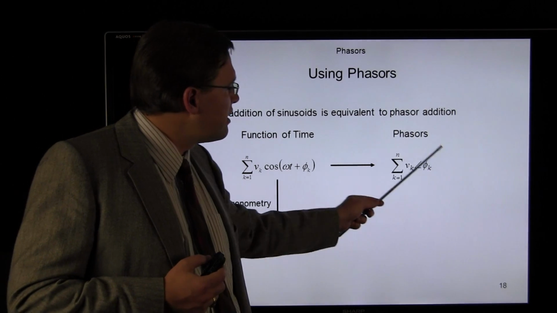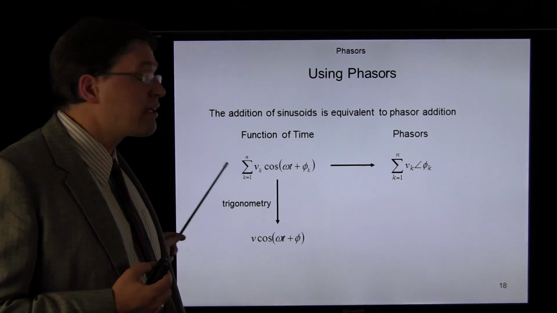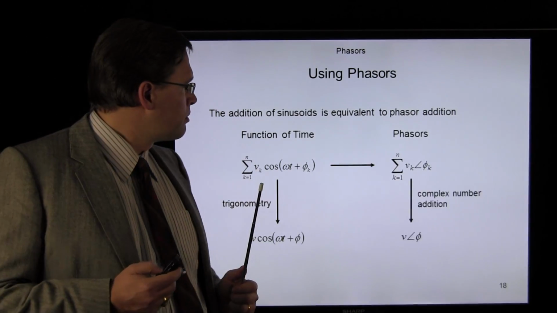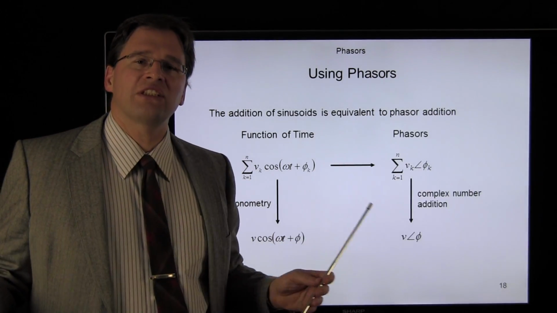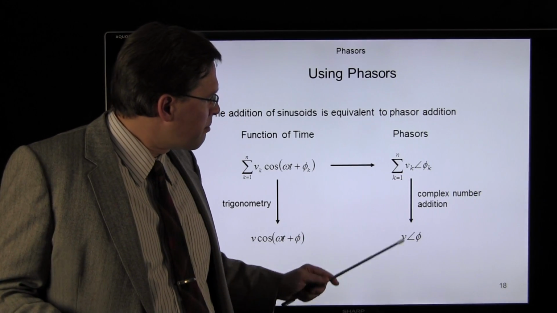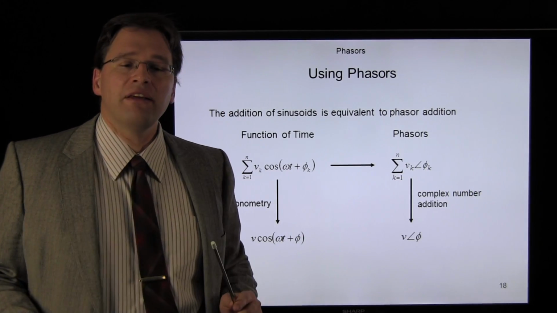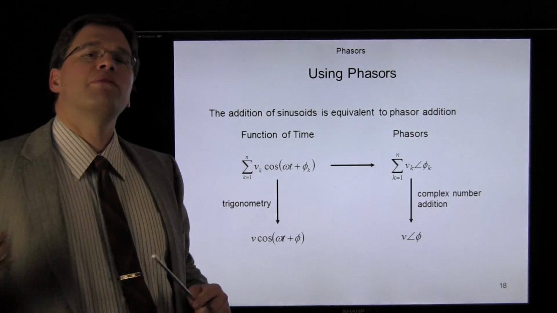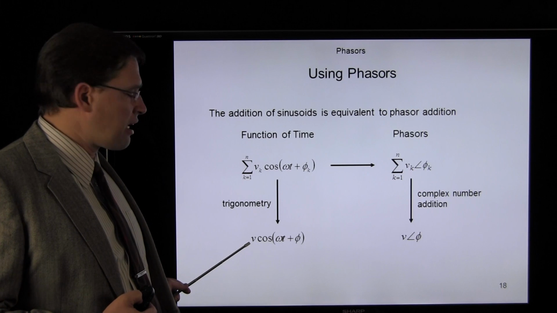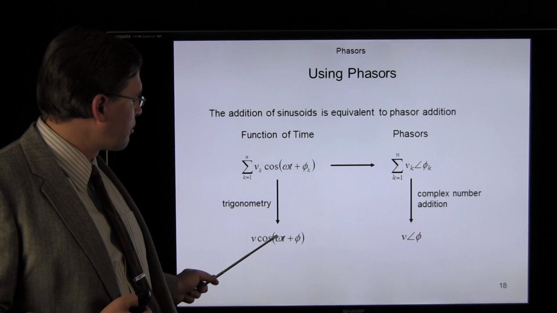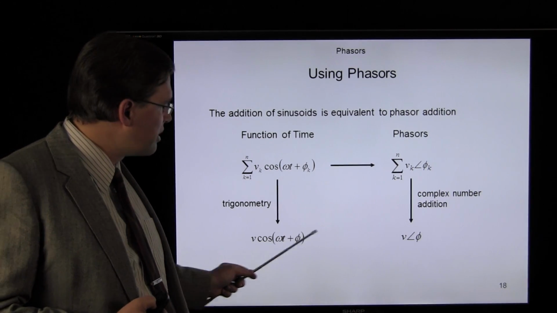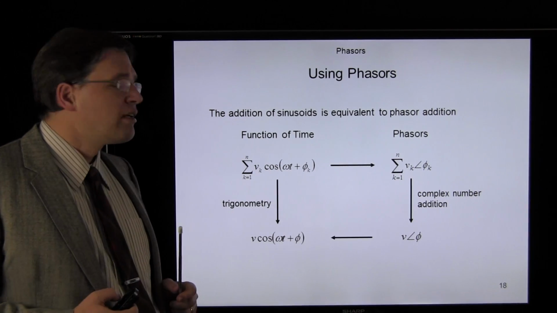And then over here, rather than adding these trig functions, I'm just going to add these complex numbers. Well, complex number addition is quite easy. Out of this complex number addition, I'm going to get another complex number, nu phase phi. But remember, with my association, nu phase phi is associated with a sinusoid, nu cosine omega t, with a phase shift of phi. So these two are related, so I can go back.